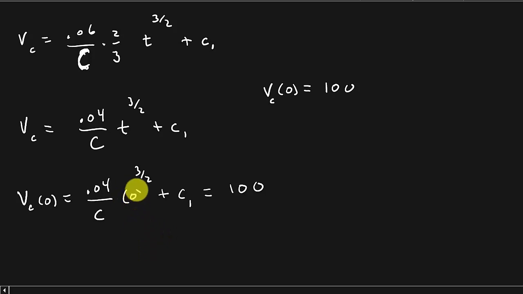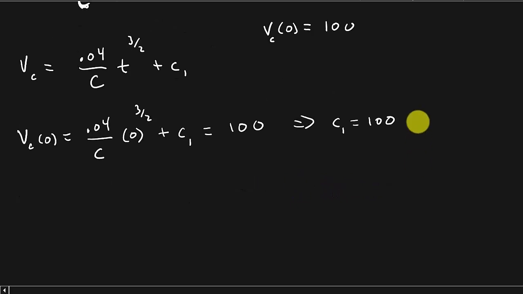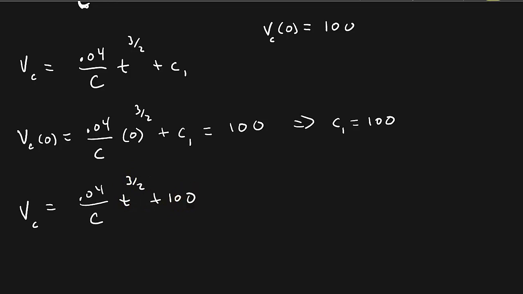Whoop, I'm sorry. Let me change that t to a 0. That wouldn't be good, would it? So I've got C1 is equal to 100. So that tells me V sub C is equal to 0.04 over C times t to the 3/2 plus 100.